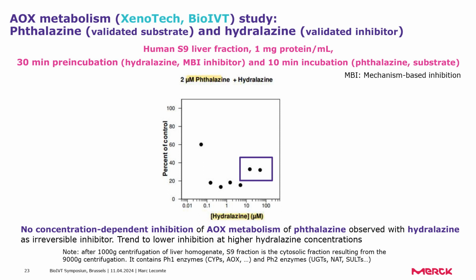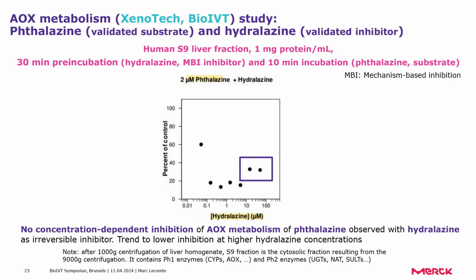We used S9 liver fraction, so the cytosolic S9 fraction, and due to the fact that hydralazine is an irreversible inhibitor, the S9 fraction was pre-incubated 30 minutes to give rise to the irreversible mechanism of hydralazine, followed by a 10-minute incubation with phthalazine. So that was the outcome of the experiment.